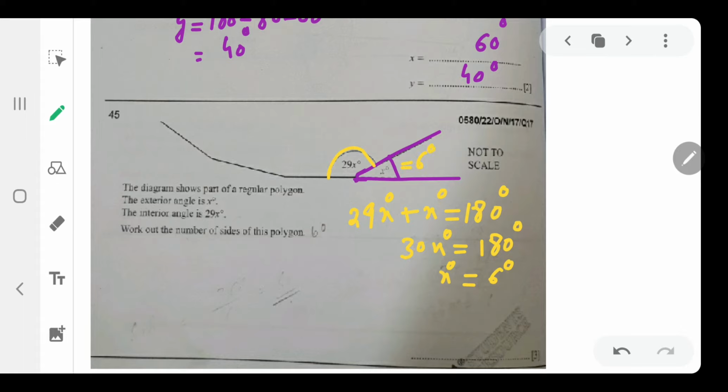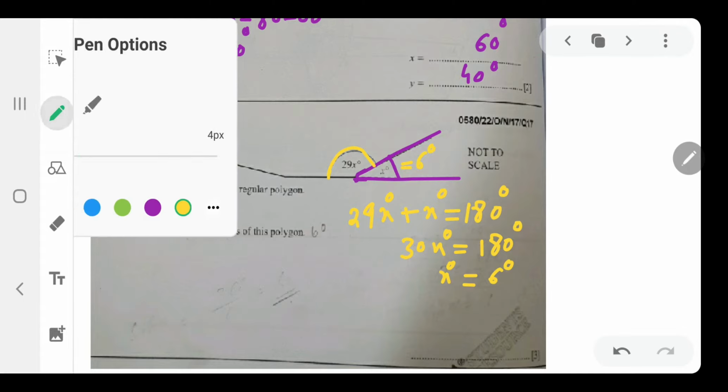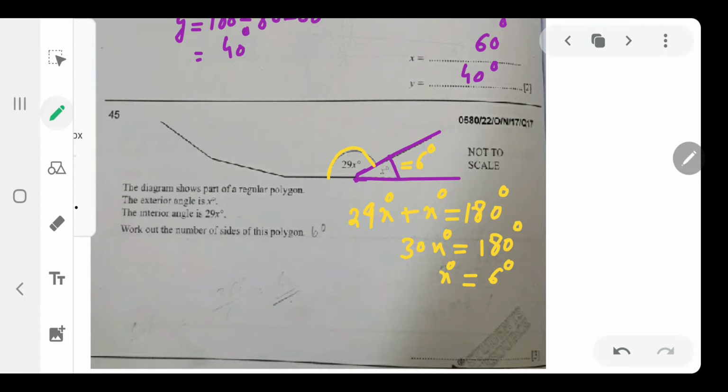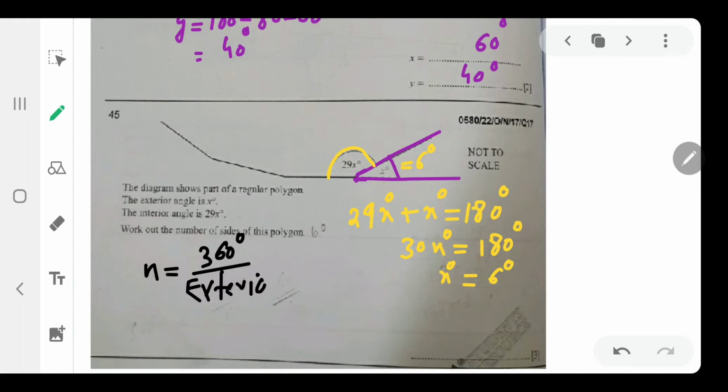We have to find the number of sides. So I use the formula n equals 360 degrees divided by the exterior angle.